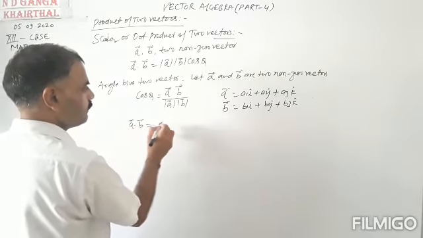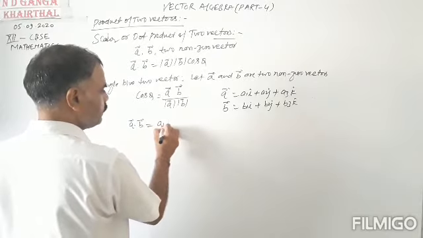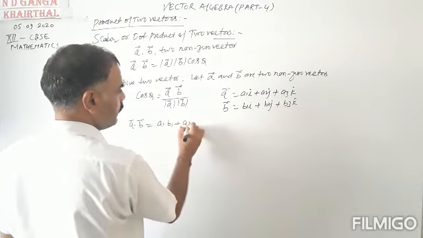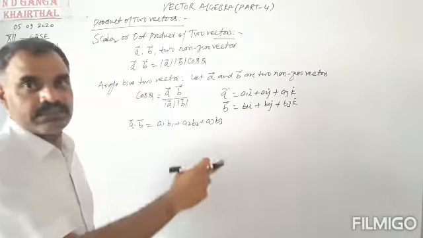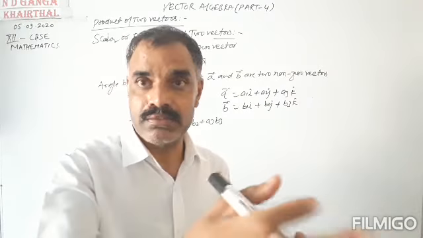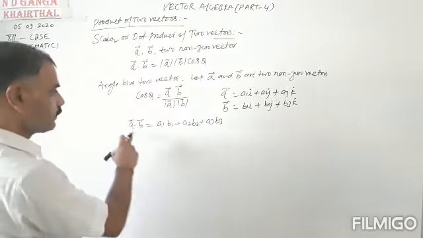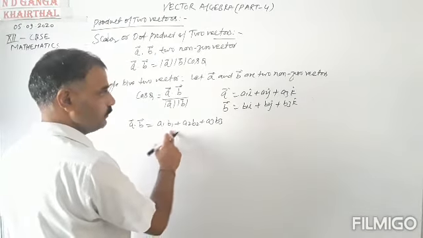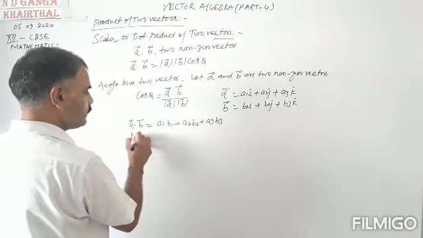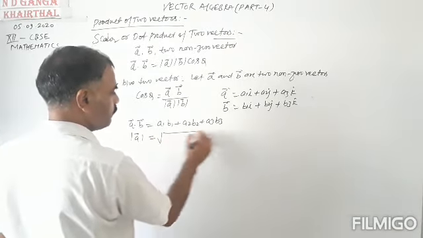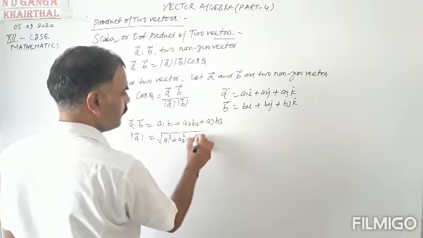So a vector dot b vector equals a1 b1 plus a2 b2 plus a3 b3. We will discuss this product later in this video. And the modulus of a vector equals under root a1 square plus a2 square plus a3 square.